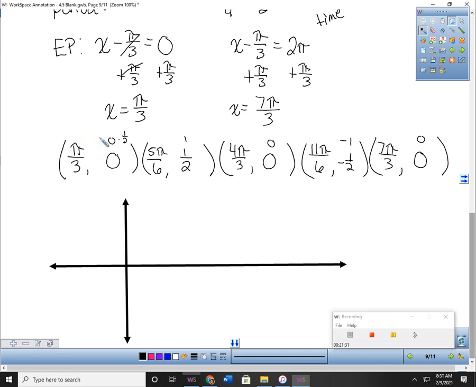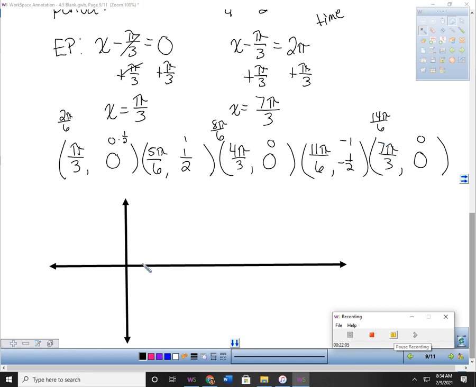So I'm going to count by pi over 6's. That way I can actually space them out evenly. All of these have 6 in common. So if I wanted this to have a bottom of 6, that would be the same thing as multiplying by 2. So I would get 2 pi over 6. Or this one, I'd multiply by 2 and get 8 pi over 6. And then 14 pi over 6.